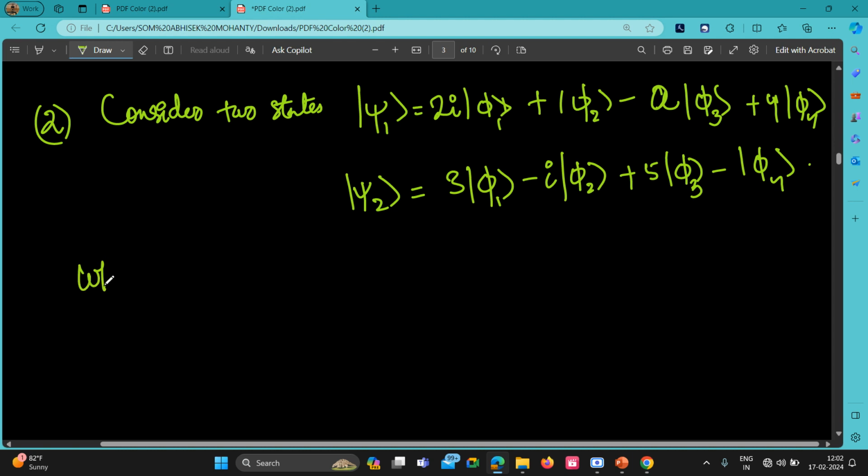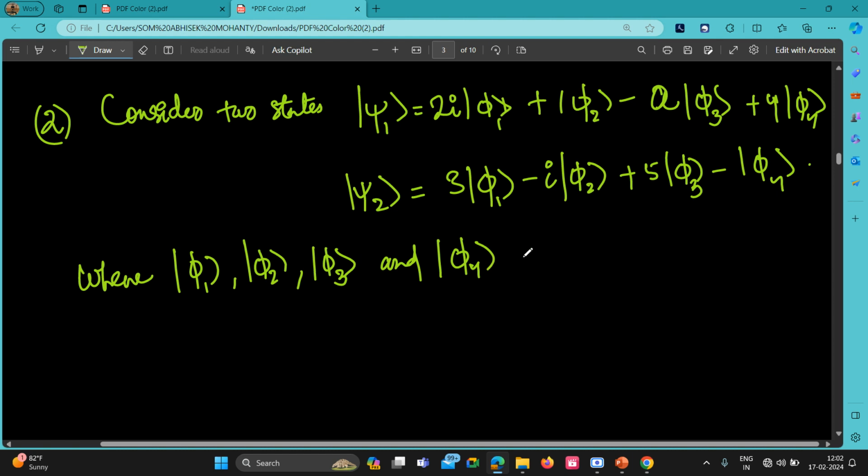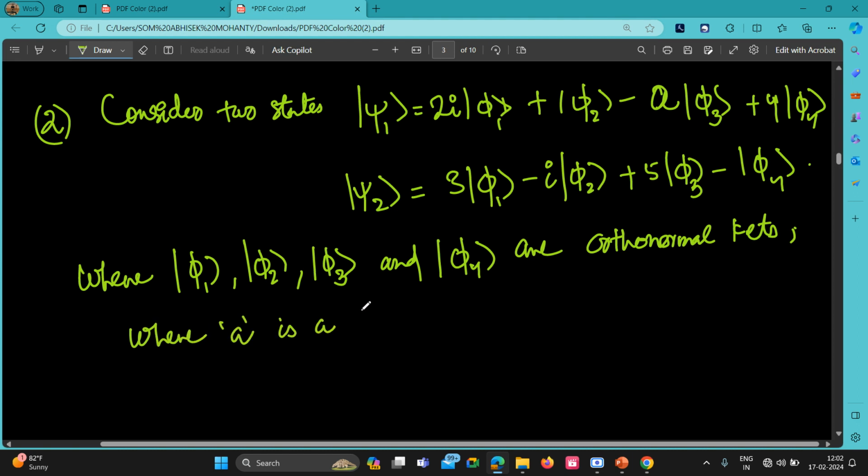Where phi 1, phi 2, phi 3 and phi 4 are orthonormal kets, and where a is a constant.